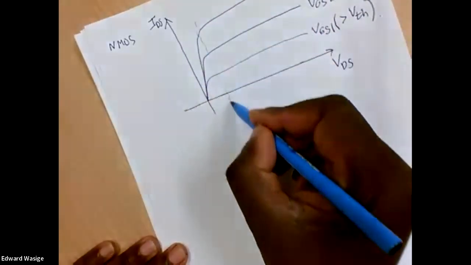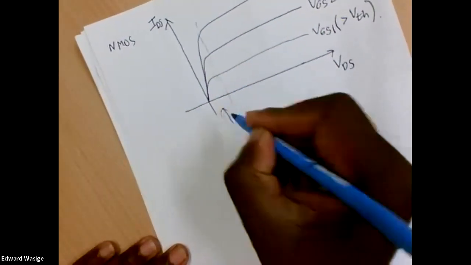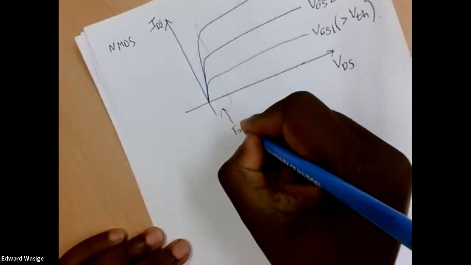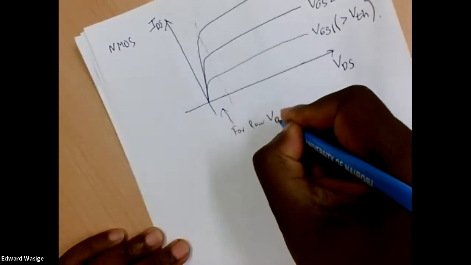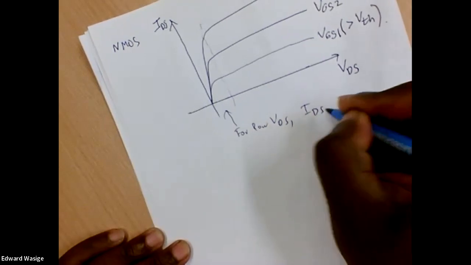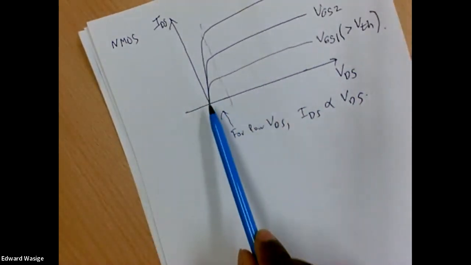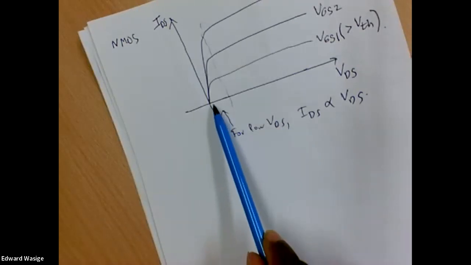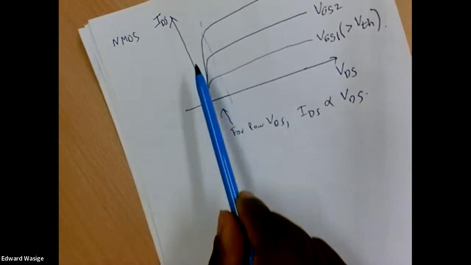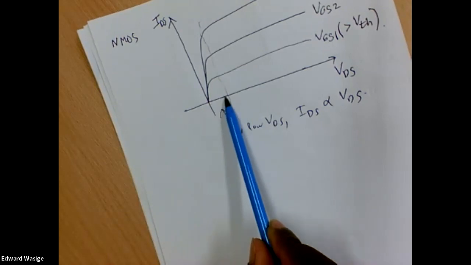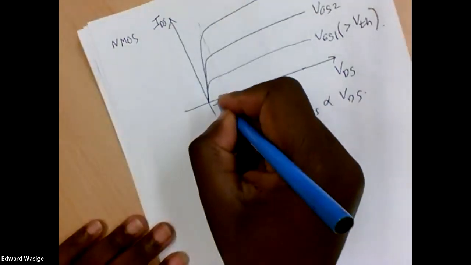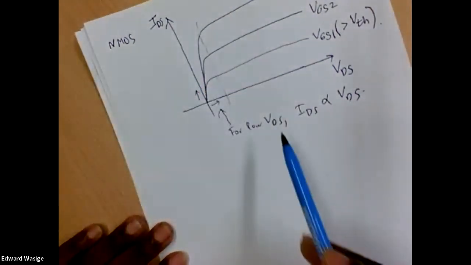At low voltages, for low VDS, IDS is proportional to VDS. So at low drain to source voltages, the current increases linearly with applied voltage. As the applied voltage increases, the current also increases.